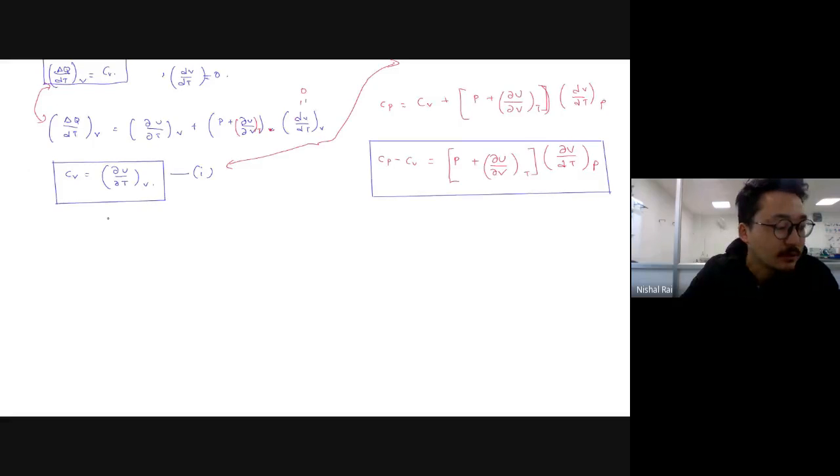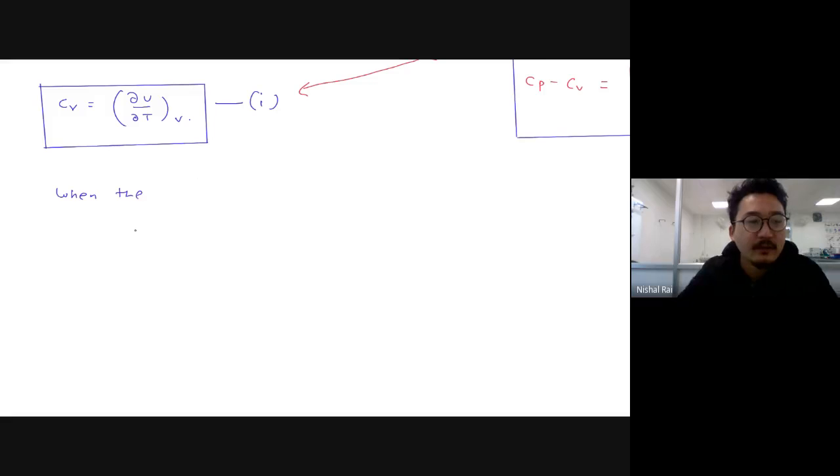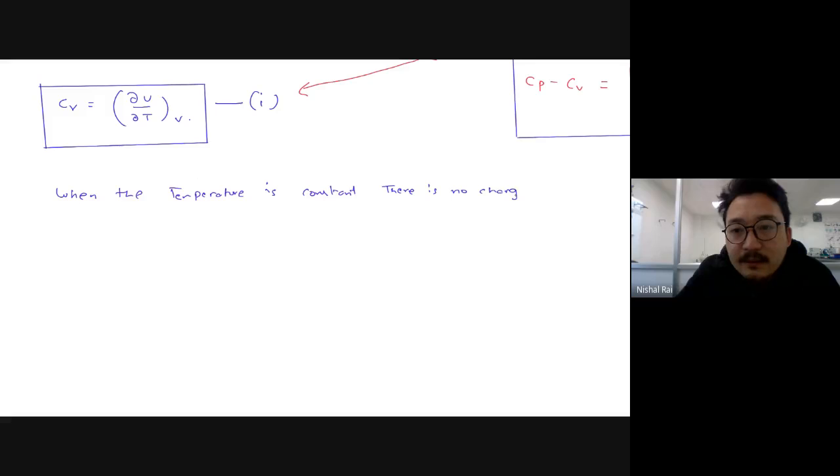When the temperature is constant, actually it was an experimental result, but still when the temperature is constant, then there is no change in internal energy.